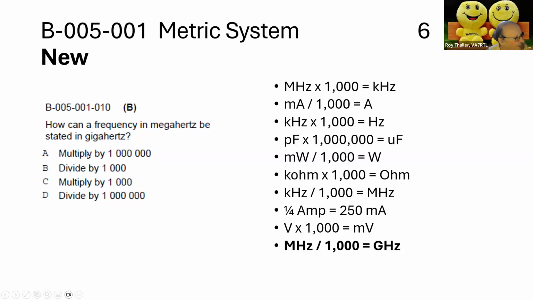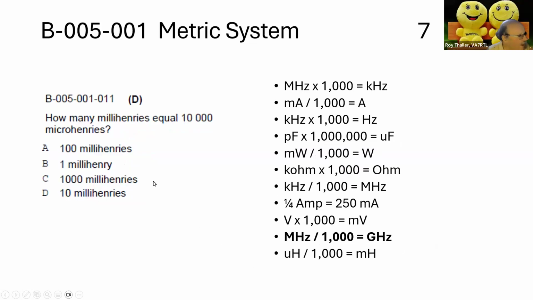To do that, you would have to divide by 1,000. Down here is the new question. How many millihenries equals 10,000 microhenries? Here you have to divide by 1,000. So 10,000 divided by 1,000 is 10 millihenries. So D is the correct answer.